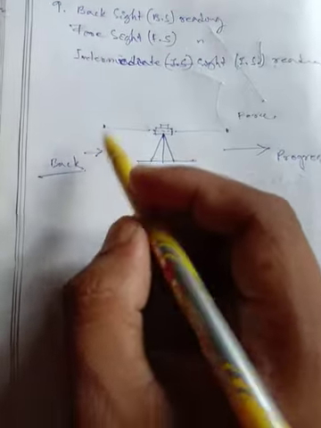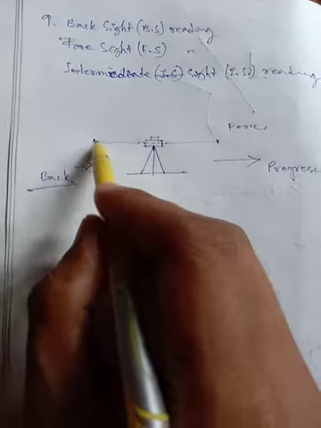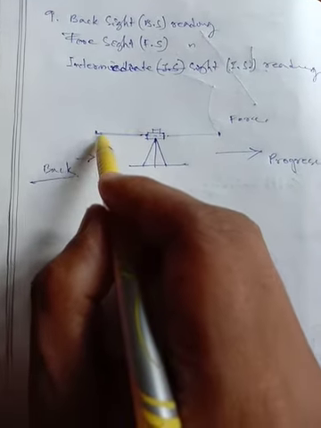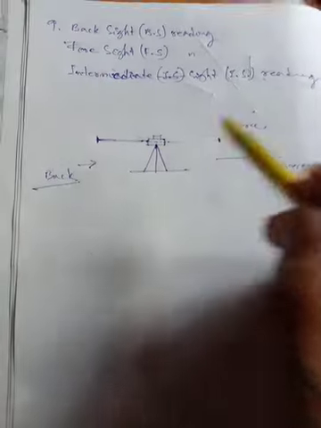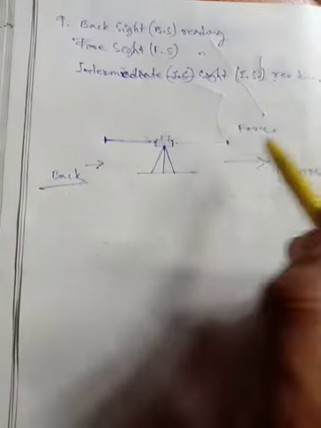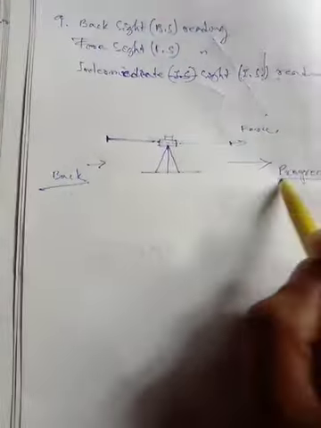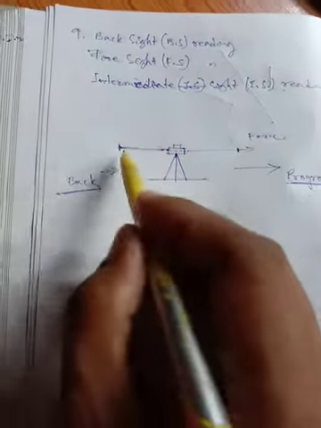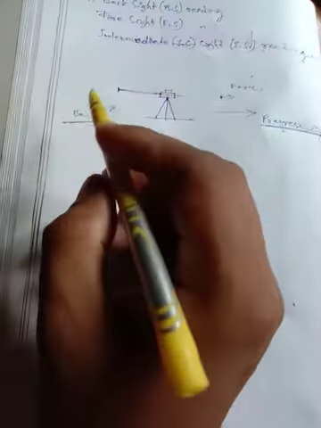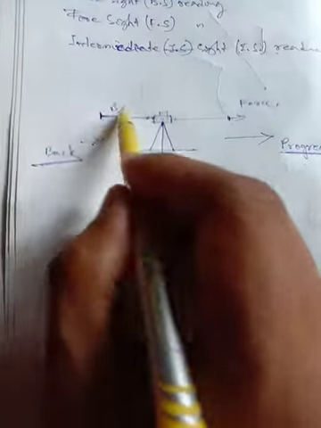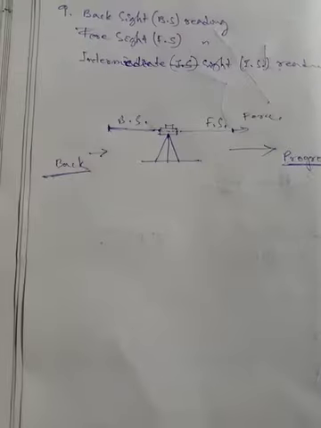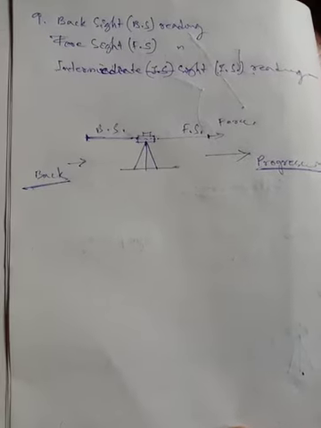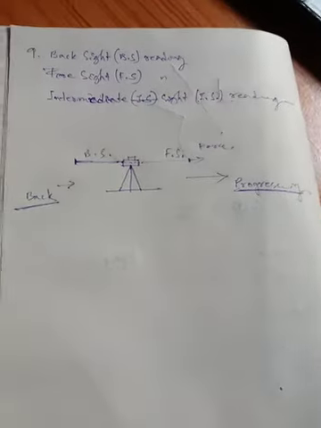So generally there should be one backside reading and one foresight reading towards the progressing side, and towards the backward side there must be a backside reading and foresight reading. Now the question is what will be your intermediate sight reading.